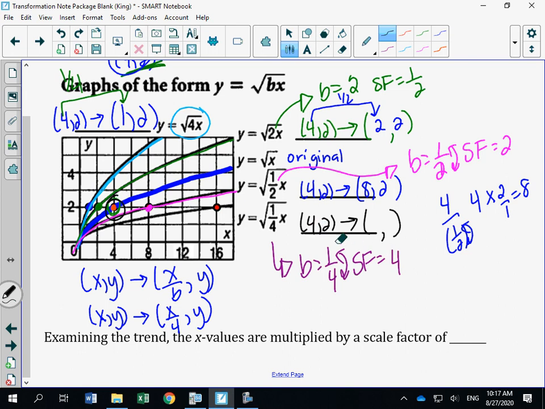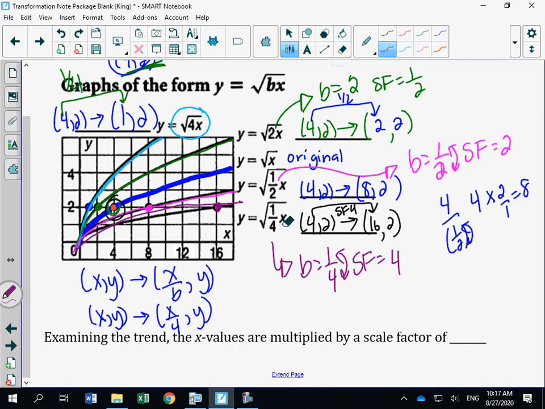So our new point would be 16, 2, because you're going to multiply it by a stretch factor of 4, right? So the new point would be this guy here, and that would be the graph.